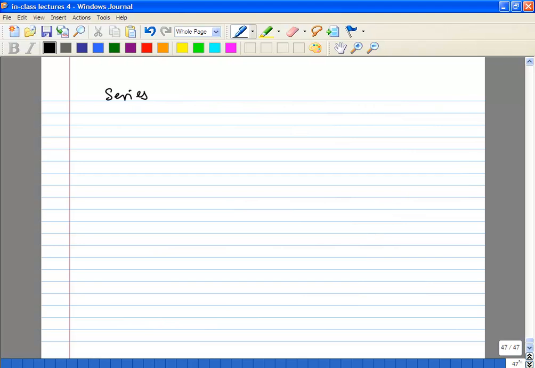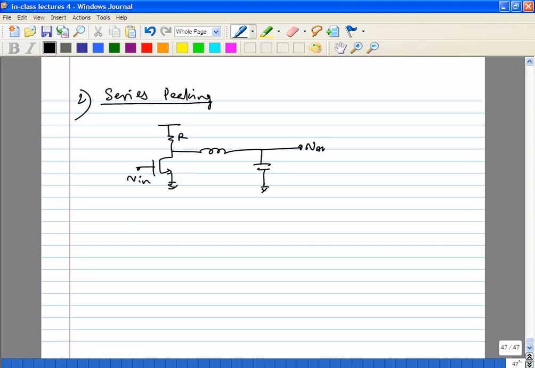What are the other methods? You have a second method called series peaking. Instead of adding the inductor in shunt across the load, you are adding it in series with the load.